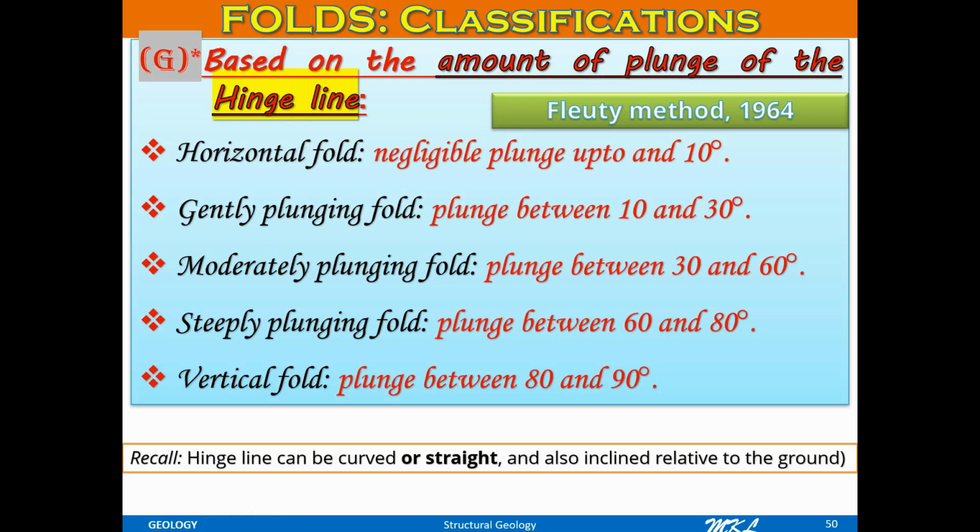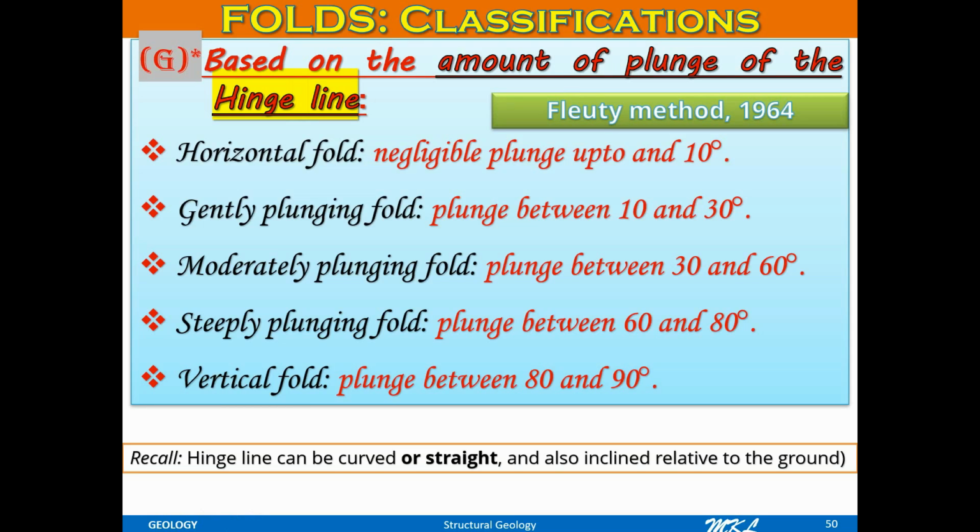I'm talking about the plunge of the fold axis. These two are almost the same, that's why I didn't explain them in detail. Now, if I talk about the amount of plunge of the hinge line, some of you might ask, sir, the hinge line could be curved, so how could you estimate the plunge? It could have different plunging directions, it could be of different nature. So let's say I'm considering a straight line here.